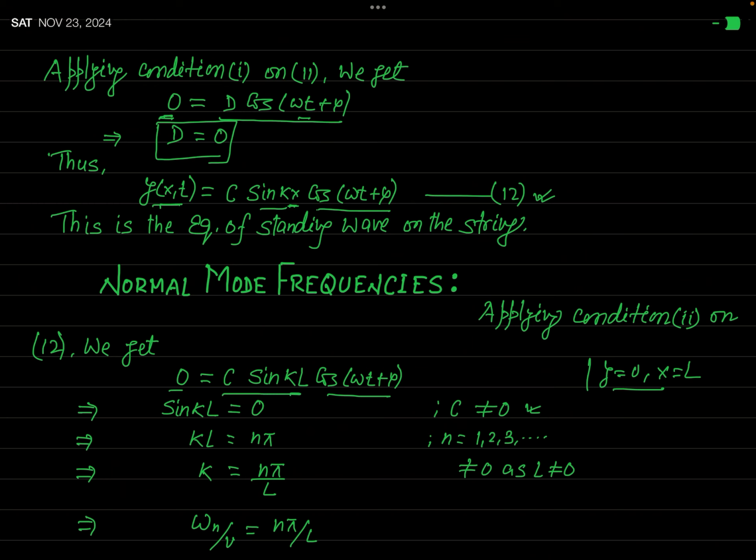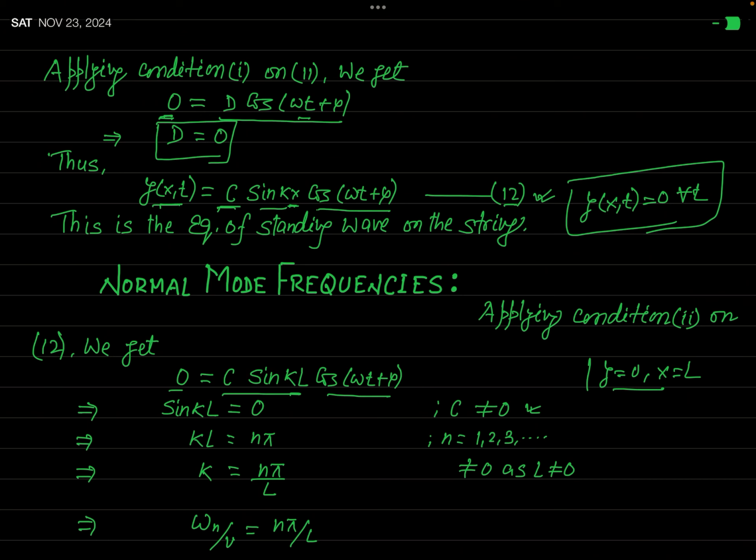But c can also not be 0, because if c is 0, see equation 12, then y of x,t will be 0 at all t. It means the string is never displaced. Is it correct? It is completely incorrect, because we are plucking the string and it gets displaced. So c can't be 0.